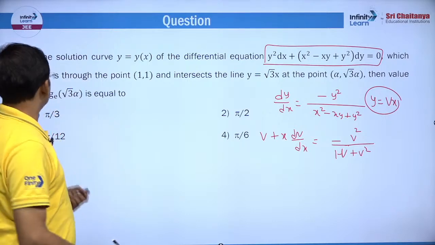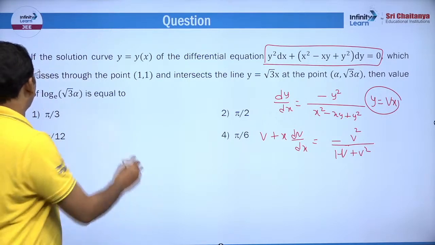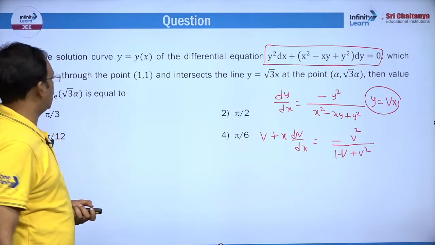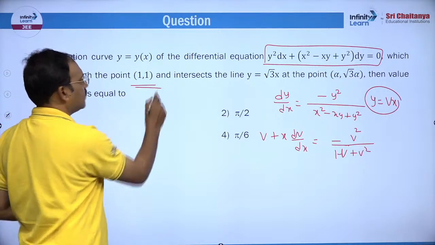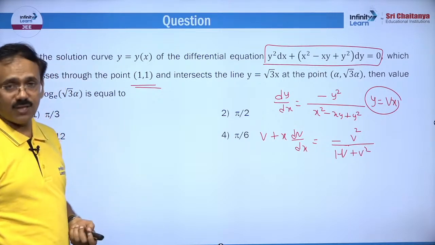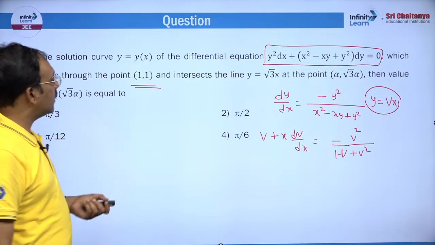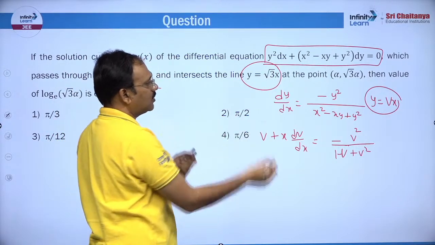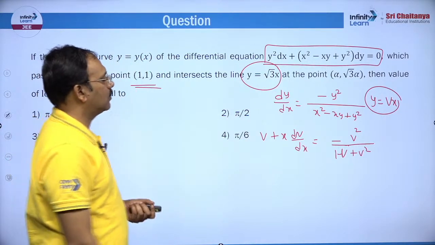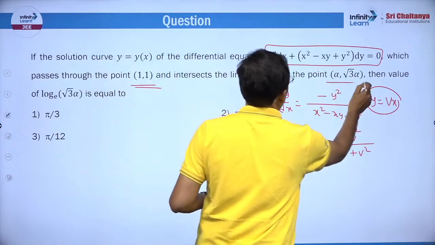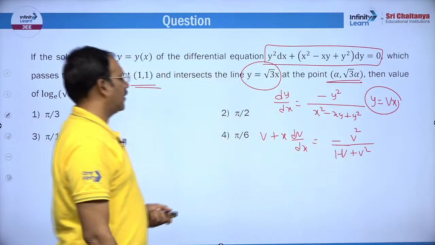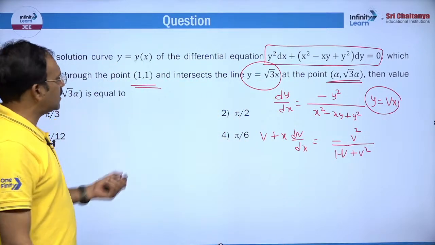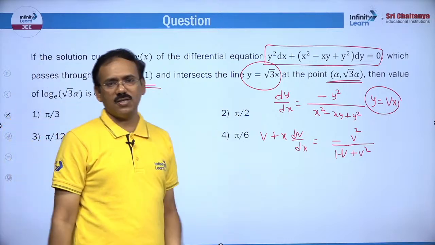After getting this, you will get y. Now, it passes through the point (1,1), which helps in finding the particular solution. Then it intersects y is equal to root 3 x. In place of y you put root 3 x, you will get the x value. The point will be like alpha comma root 3 alpha, then find the alpha value. The major portion is solving this differential equation, right.